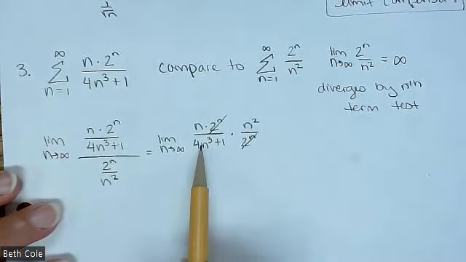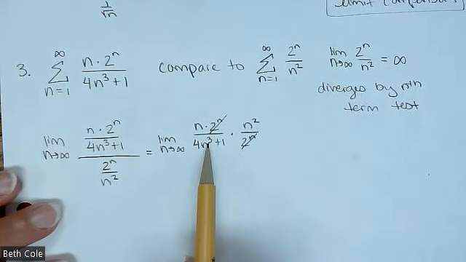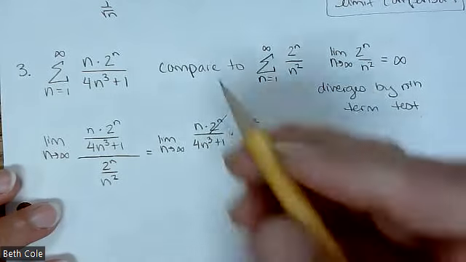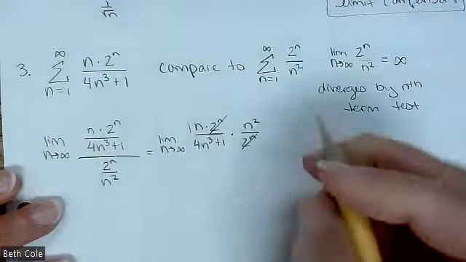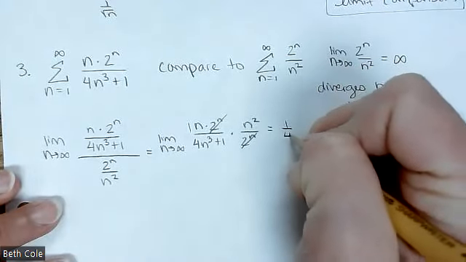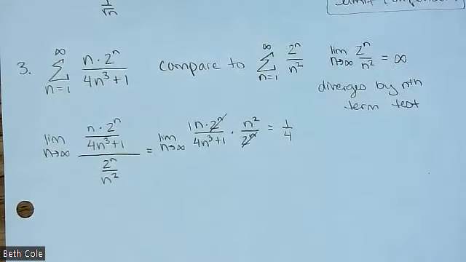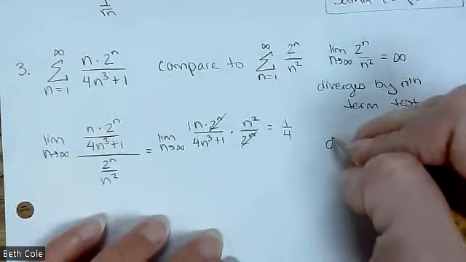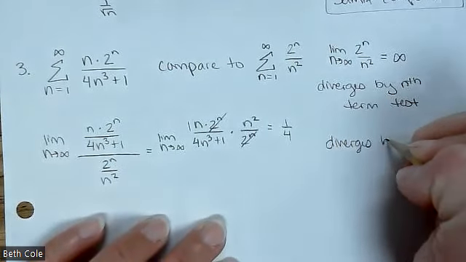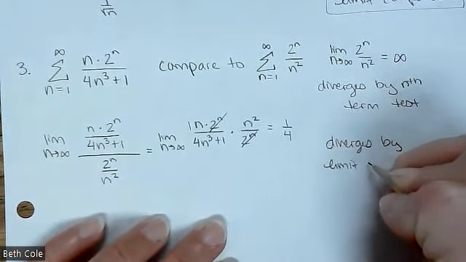N to the third. Denominator is also n to the third. So when they're the same, you use coefficients, so it'll come out to 1/4. And the point is, that is a positive finite number. So what is our grand conclusion? Diverges by limit comparison.